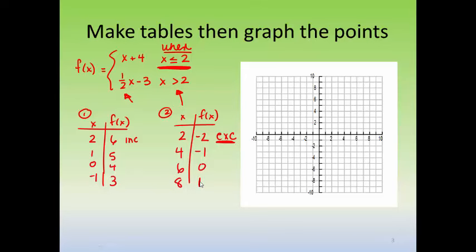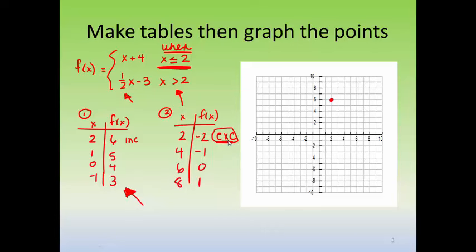Now we're going to graph. I'm going to start by graphing this first piece, by graphing the 2, 6 with a solid circle. And then every circle on this, every dot, every point is included in the line. The only point not included is the 2, -2 because it's an end piece.